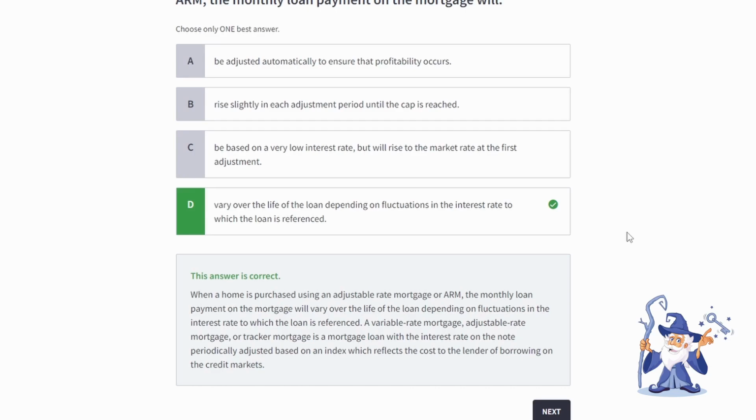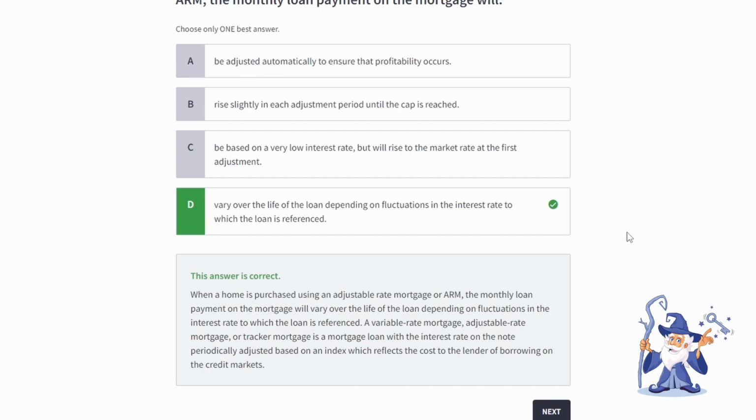And loan payment is what I meant to say. But yeah, so a variable rate mortgage or adjustable rate mortgage or tracker mortgage is just a mortgage loan with an interest rate that is periodically adjusted based on an index which reflects the cost to the lender of borrowing on the credit markets.